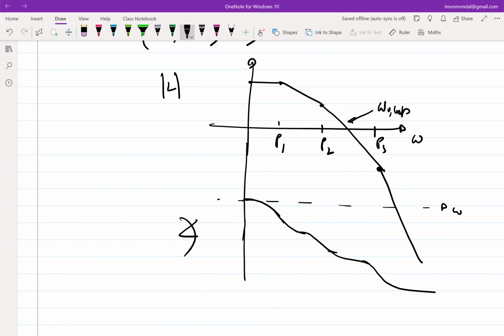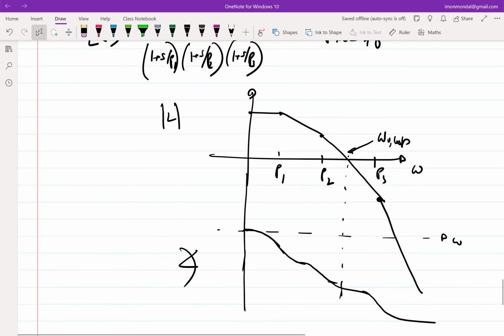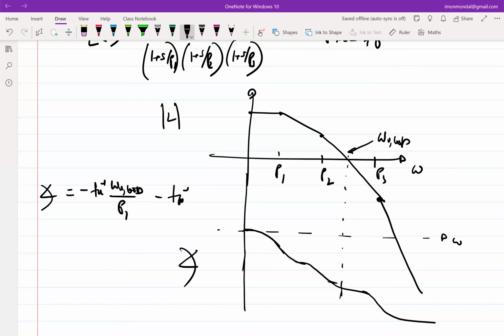The angle at omega U loop, right? So let's say I see the angle at omega U loop. In this case, what will be the angle at omega U loop? Minus tan inverse omega U loop by P1, minus tan inverse omega U loop by P2, minus tan inverse omega U loop by P3.